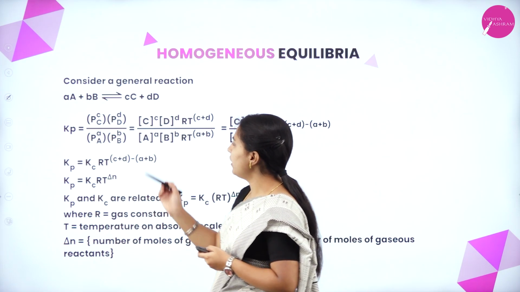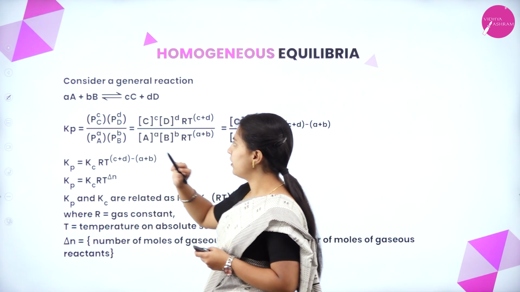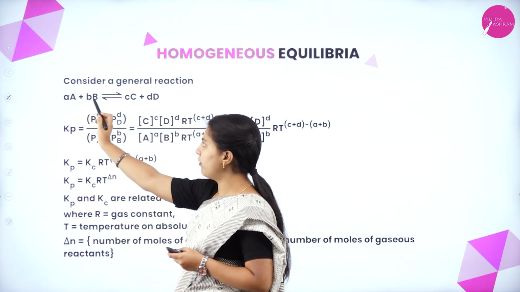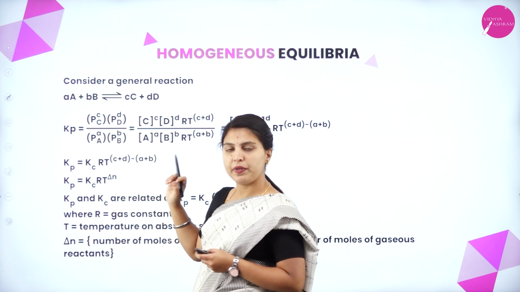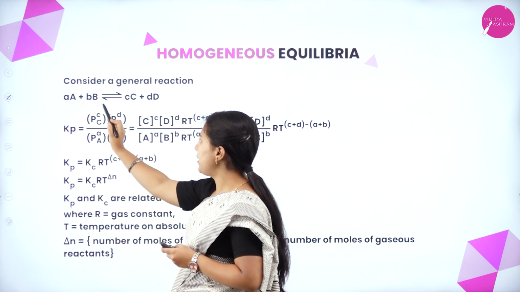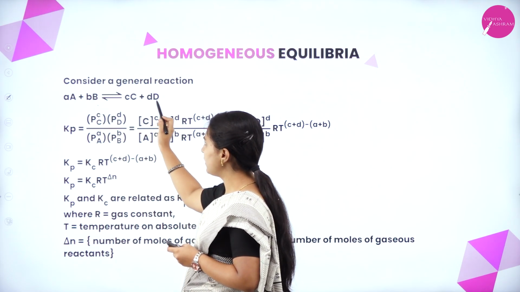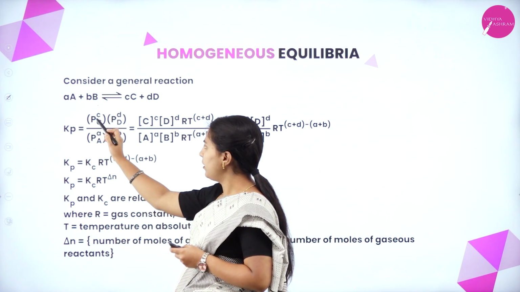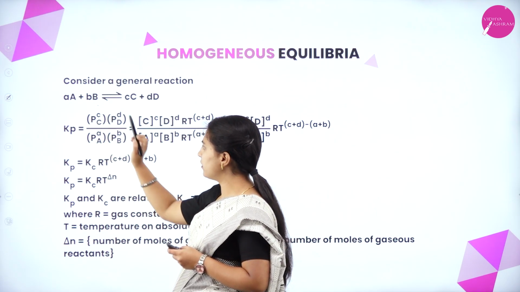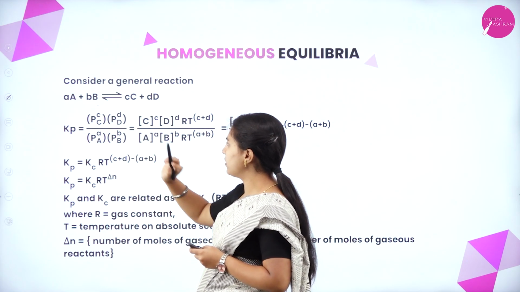Here, consider a general reaction. The small letters a, b, c, d are the moles of the reactants and products: aA plus bB gives rise to cC plus dD. At partial pressure, the pressure of C raised to its moles, and the pressure of D raised to its moles.